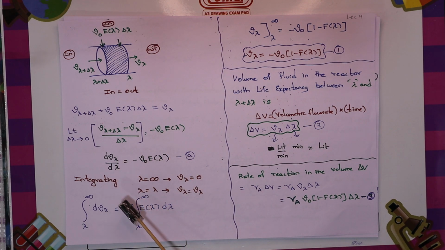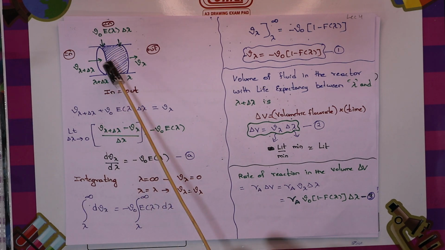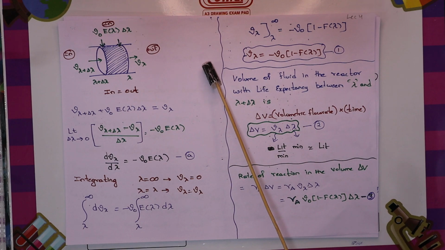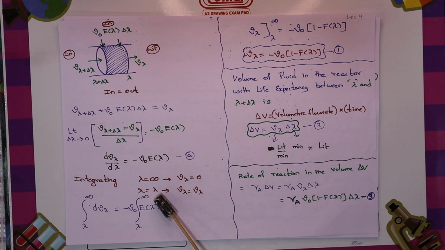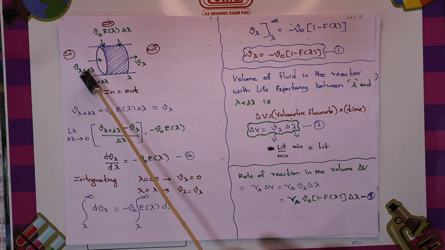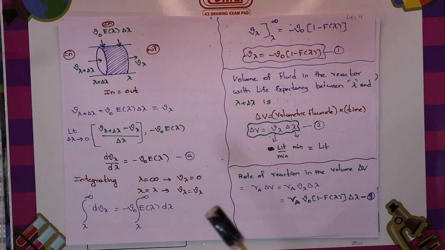Now you have to integrate. On the one end the life expectancy is infinite, on the other end the life expectancy is 0. Instead of infinite, you can limit yourself up to a certain lambda, because there is no infinite time in the reactor. One end is infinite, that means it is entering the reactor at a very initial stage.